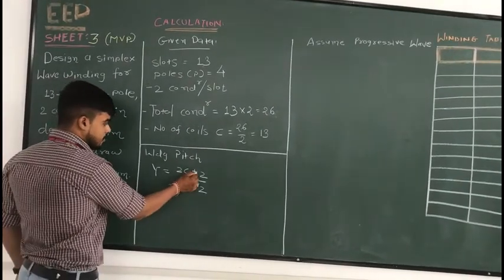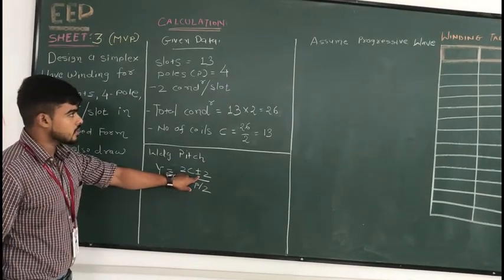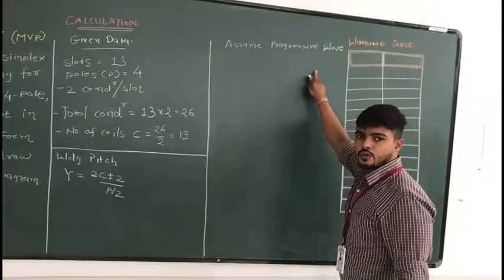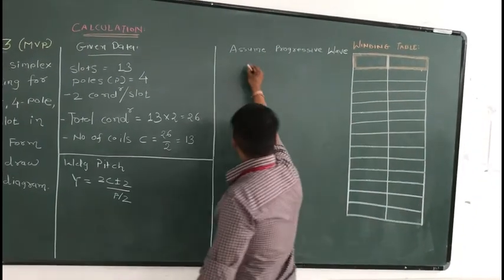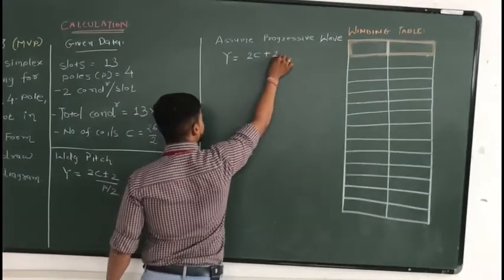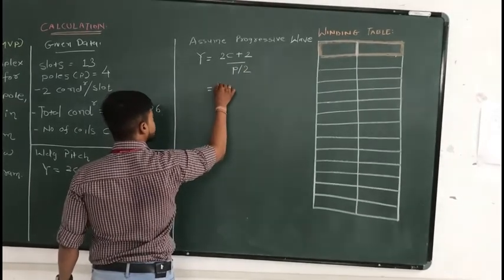Here positive is for progressive and negative sign for retrogressive. Now I assume it is a progressive wave winding, that's why the final equation is (2C plus 2) divided by P by 2. Now put all the values in this equation.